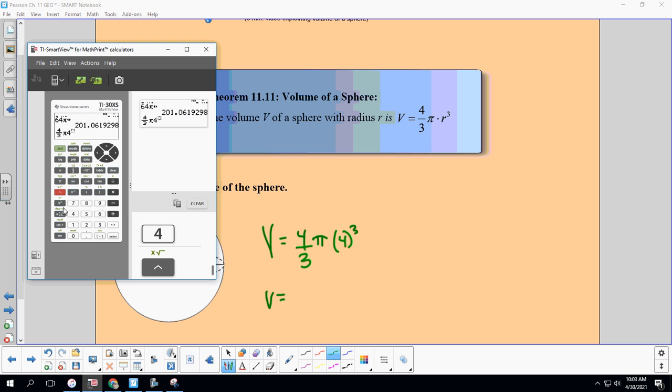You may have a y to the x. Just find out where on your calculator, you might have a cubed button just straight up. Find out how to do this on your calculator. If you don't know, you can Google the name of your calculator. This is a TI-30XS, or whatever you have. If it's your phone, how to cubed on the phone calculator, or ask me in class when you see me.